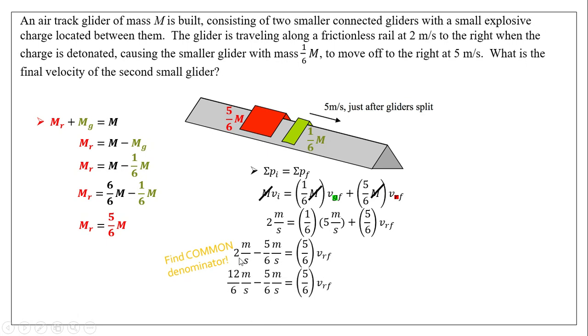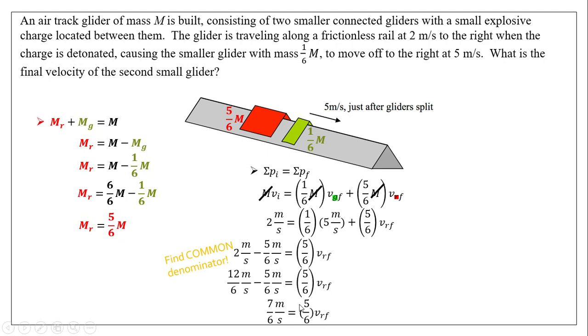So therefore, 2 times 6 is 12, divided by 6, which makes sense, right? 12 divided by 6 is 2. We do this just so we have a common denominator. Here, 12 minus 5 is 7, and the common denominator on the bottom is just 6. So it will be 7 over 6. And the right side I haven't touched, so I just carried it down.